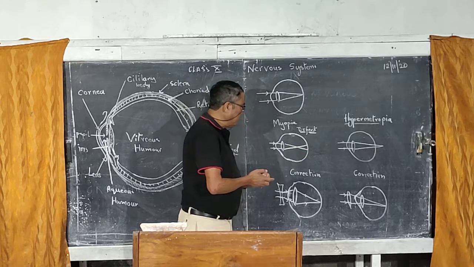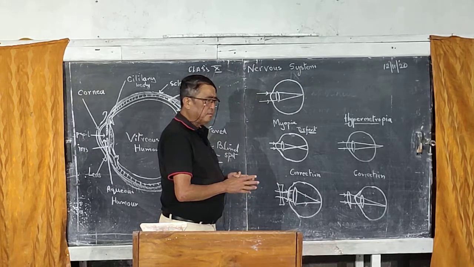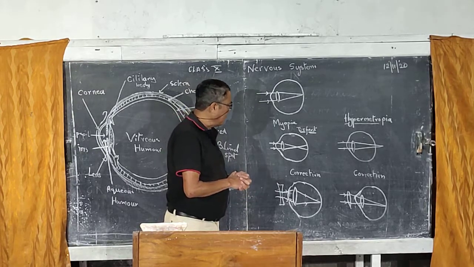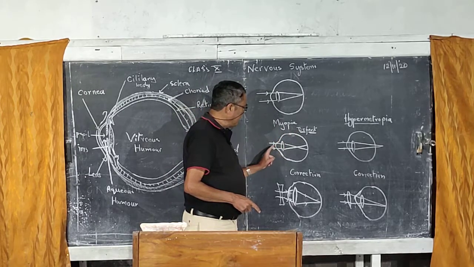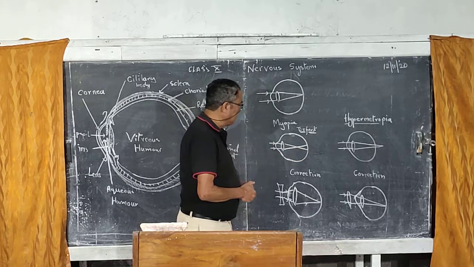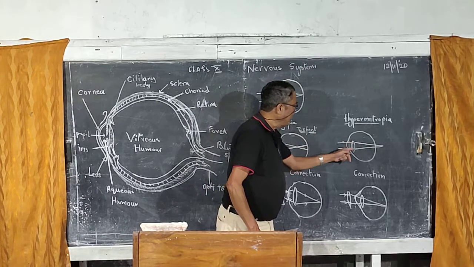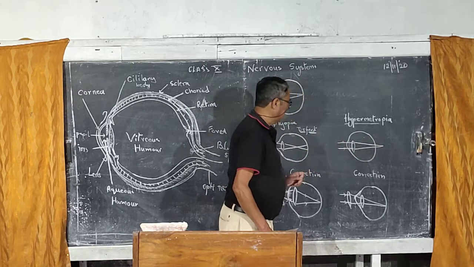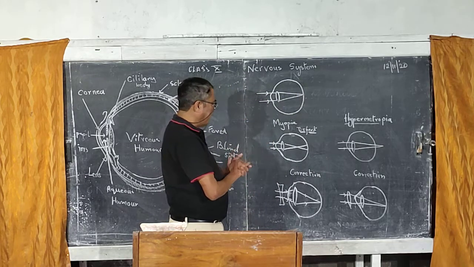Now how to identify myopia, short-sightedness, from hypermetropia from the diagram? In myopia, the rays of light meet before the fovea. And if you see in hypermetropia, the rays of light meet beyond the fovea. So this will help you to identify the two defects.